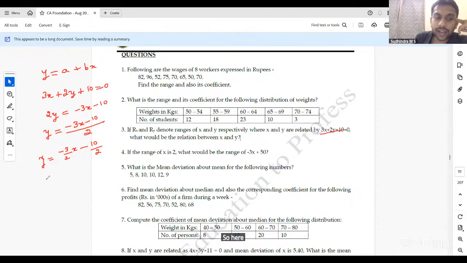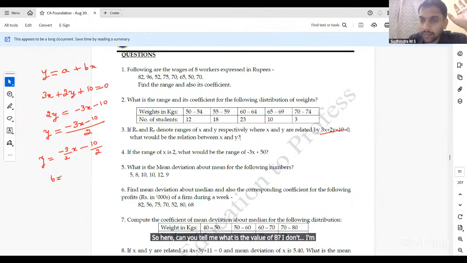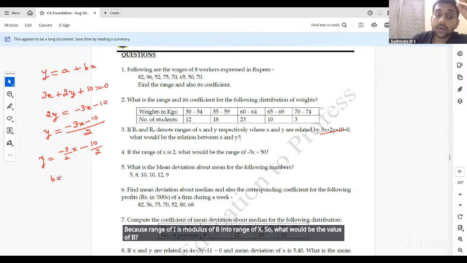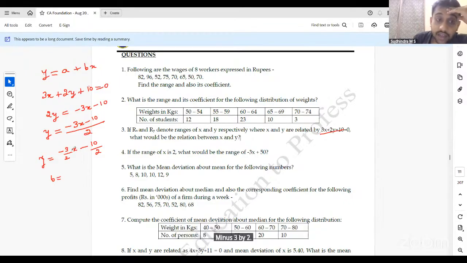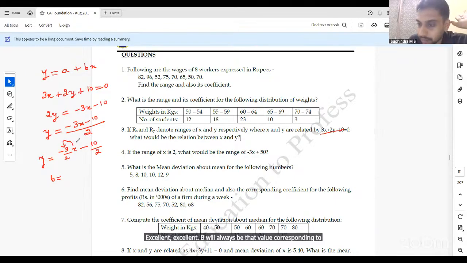Can you tell me what is the value of b? I'm not bothered about a at all, because range of y is modulus of b into range of x. So what would be the value of b? Minus 3 by 2. Excellent. b will always be the number beside x, very easy to remember.